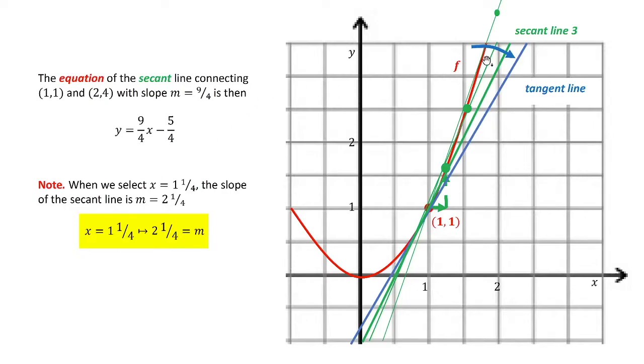And you can look at the picture physically. This is doing what you want it to do, right? If the blue case, the tangent line, is the ideal scenario, then each of these secant lines is a better approximation. The result is getting better and better as I take values that get closer and closer to 1.